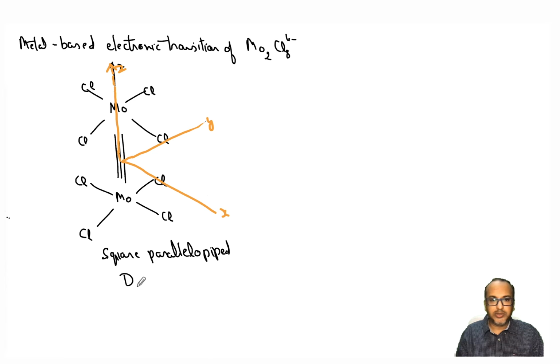And we can also say that the point group will be like square planar, so it will be D4h, right? Because there is a symmetry sigma h over there passing through the metal bond, right?